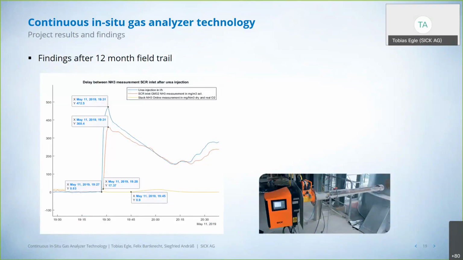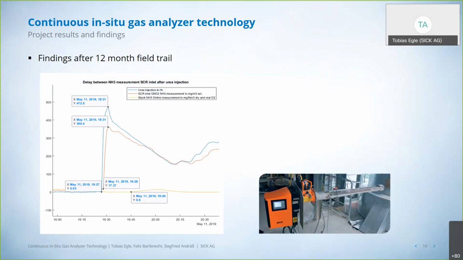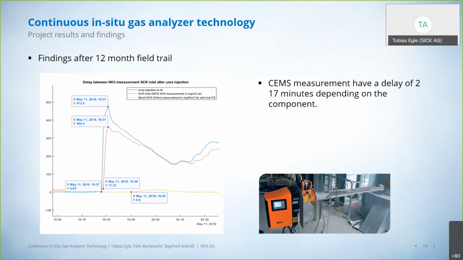So when we installed the unit at Heidelberg Cement, we defined a field test. We had 2 targets. We wanted to show the time advantage you have for a process measurement compared to SAMs. We found that you have a time delay between the GEAM32 at the SCR and the MCS 100 hot wet from SICK, which is between 2 and 17 minutes.